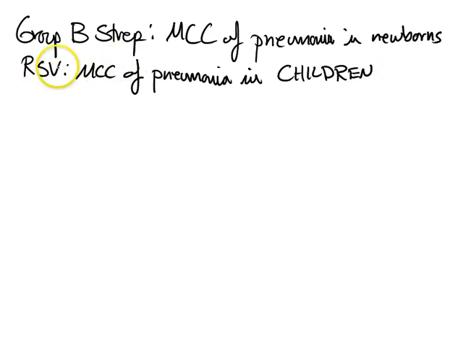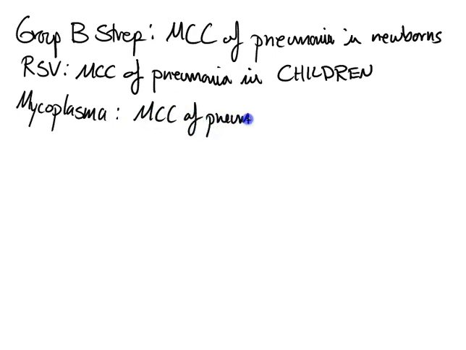And mycoplasma is the most common cause of pneumonia in adults less than 40 years of age. So you need to think about those on your differential.